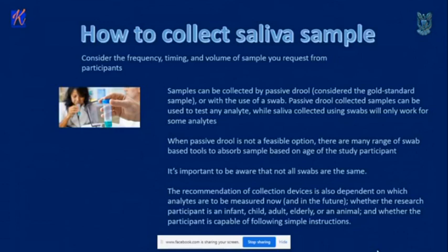But when we are looking at specific analytes which might be low in amount, or very, very specific, and we don't want interference from other components like DNA, mucin, all those aspects, then we might choose some specific swabs over passive drool.